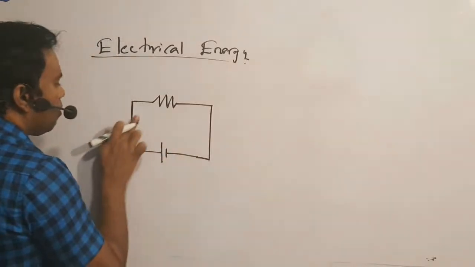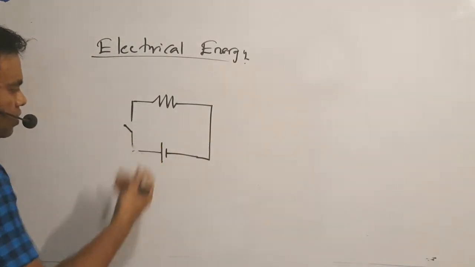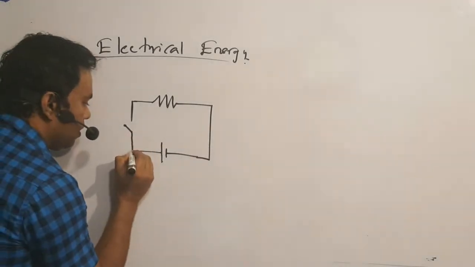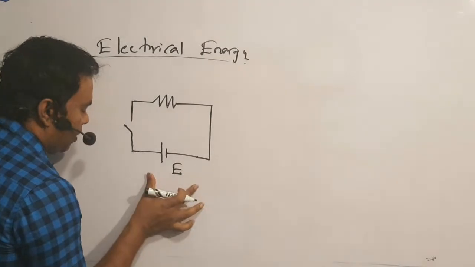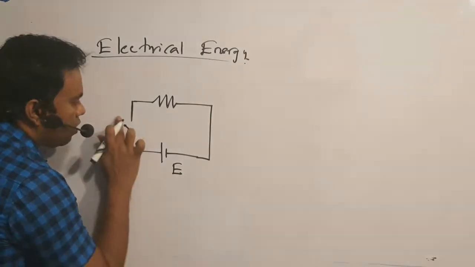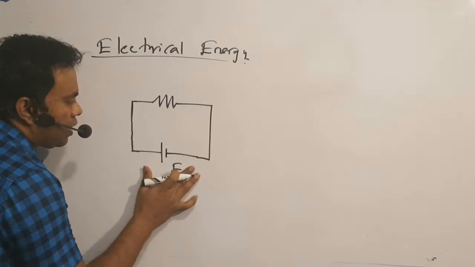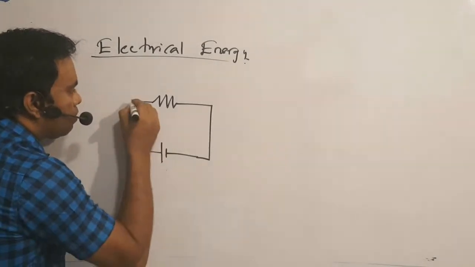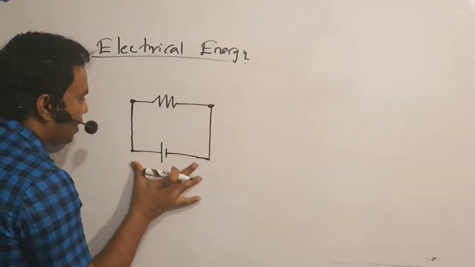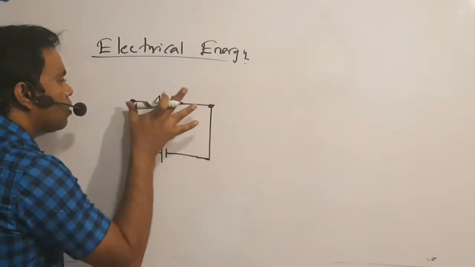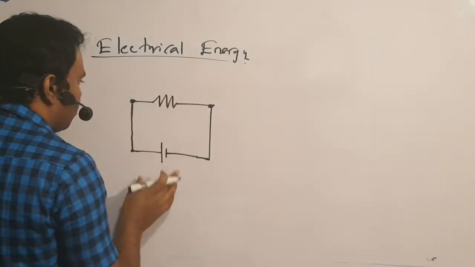Before the flowing of electric current, when the switch is open, we call this electromotive force E. When the switch is closed, we call that electric potential difference between two terminals of the battery or the cell, or two terminals of this resistor.